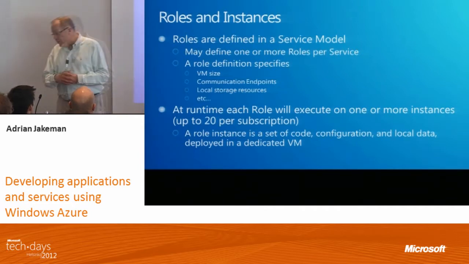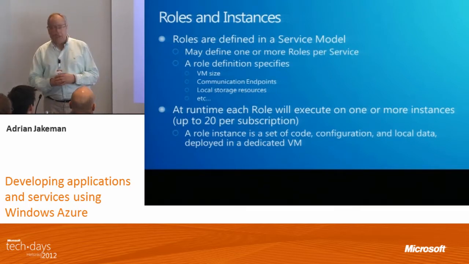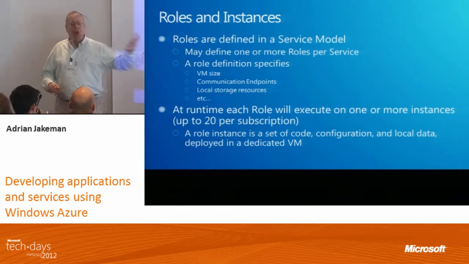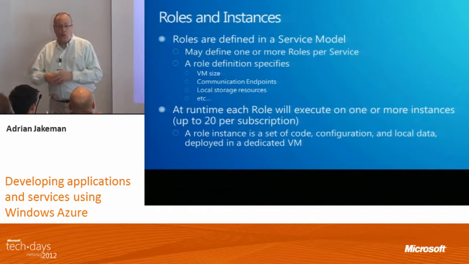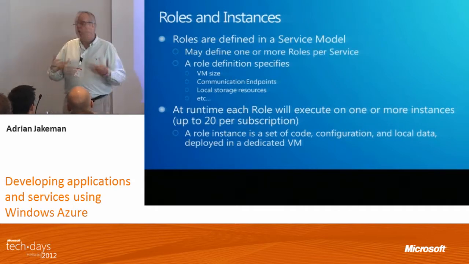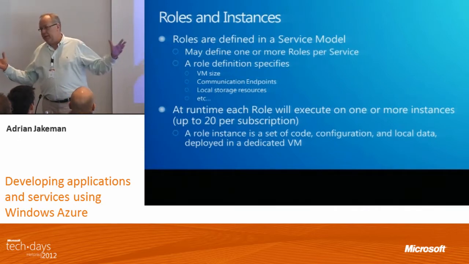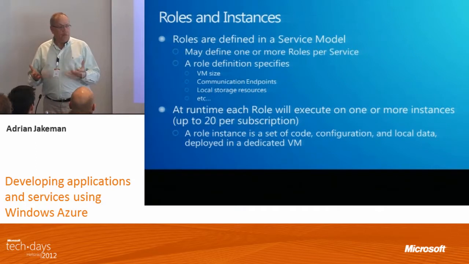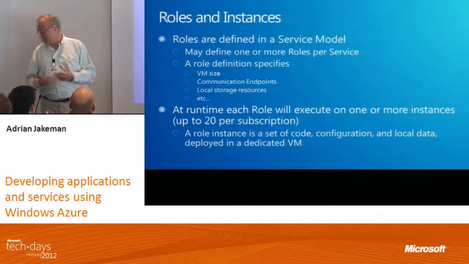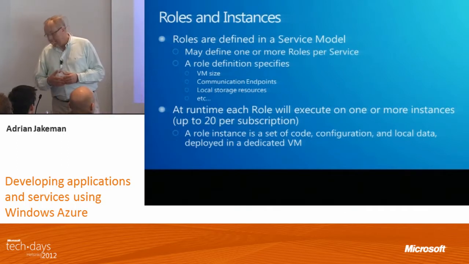Each of those roles will specify, amongst other things, the size of the virtual machine that you want to use. You might go for a very tiny virtual machine that has a limited amount of RAM, a limited number of cores, or you may go for an extra large virtual machine that has considerably more RAM, has considerably more processing power through making use of a higher number of cores. And we'll talk about that as we go through this morning.